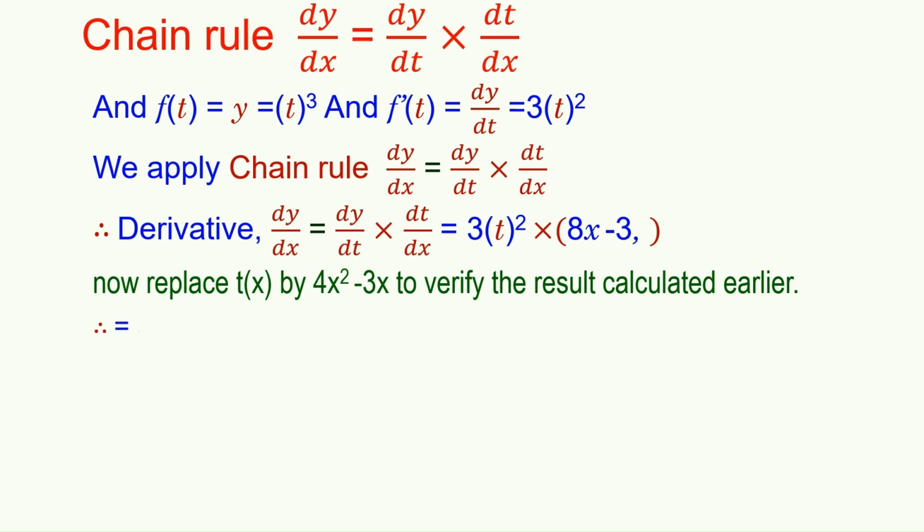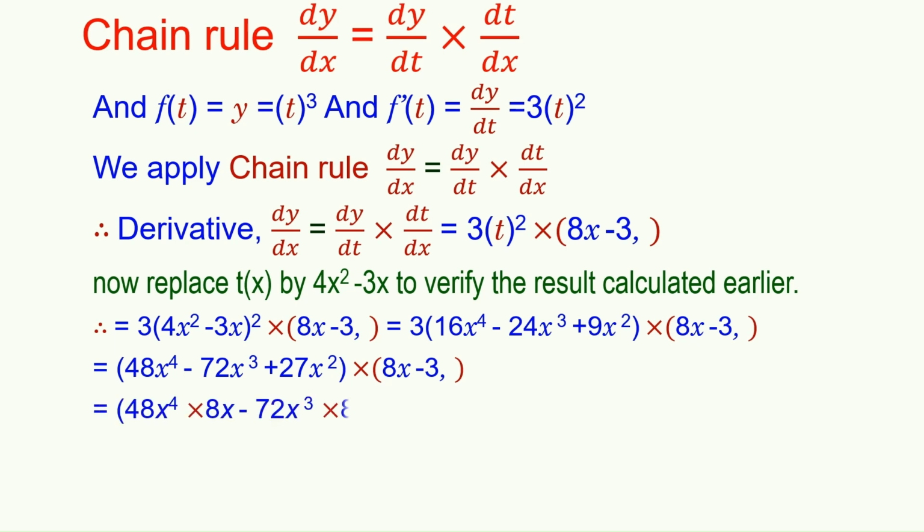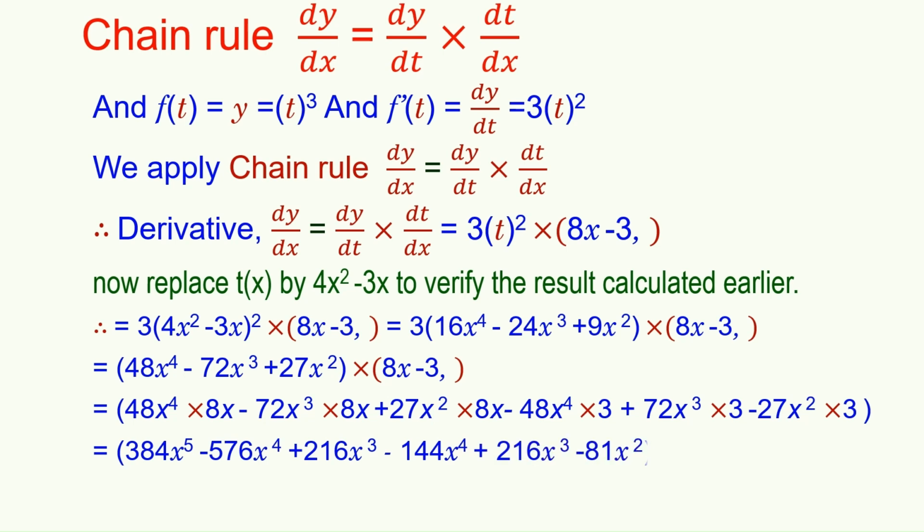Therefore it equals 3 times (4x squared minus 3x) squared times (8x minus 3), which is equal to 3 times (16x to the power of 4 minus 24x to the power of 3 plus 9x to the power of 2) times (8x minus 3) equals (48x to the power of 4 minus 72x to the power of 3 plus 27x to the power of 2) times (8x minus 3) equals 48x to the power of 4 times 8x minus 72x to the power of 3 times 8x plus 27x to the power of 2 times 8x minus 48x to the power of 4 times 3 plus 72x to the power of 3 times 3 minus 27x to the power of 2 times 3.